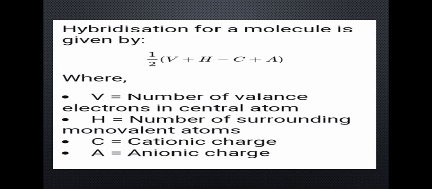Similarly, anionic charge means, if you take an example of carbonate, CO3 2-, on the right top -2 is written. So this is an anionic species. In this case, you will take 2 of -2, and it is the anionic charge, and anionic charge is always added. So you will add 2 here.